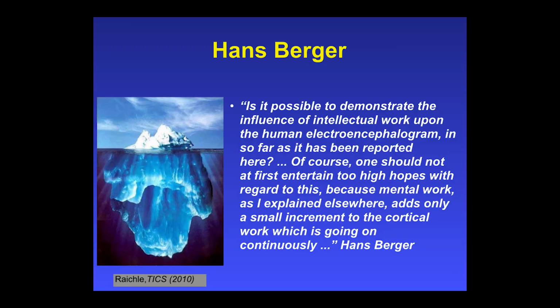The other person who recognized this a long time ago was a man named Berger. He's the guy who invented what's called EEG. Some of you have probably heard of that. He pointed out that, of course, it's possible to demonstrate intellectual work, meaning activity, on the EEG, but one should not entertain too high hopes in this regard, because mental work, as explained elsewhere, adds only a very small increment to the activity that's going on all the time.